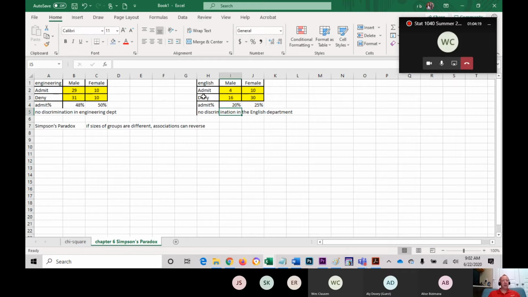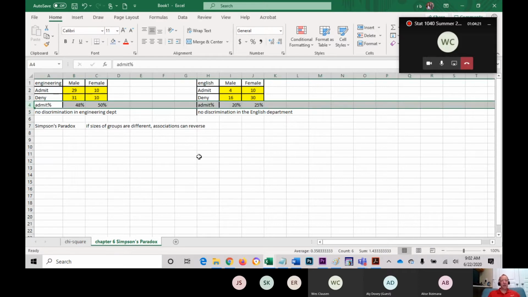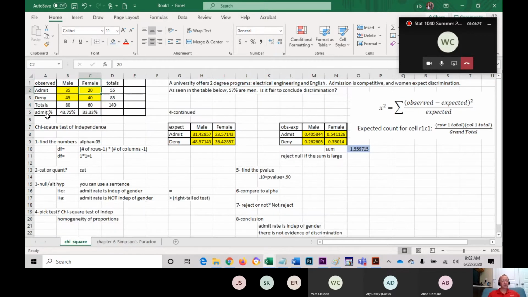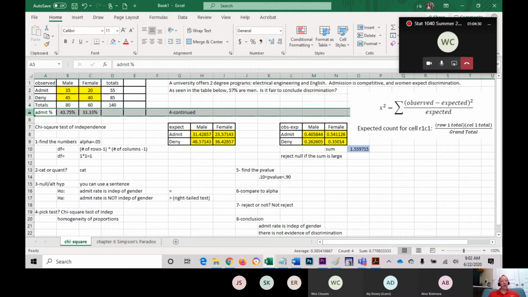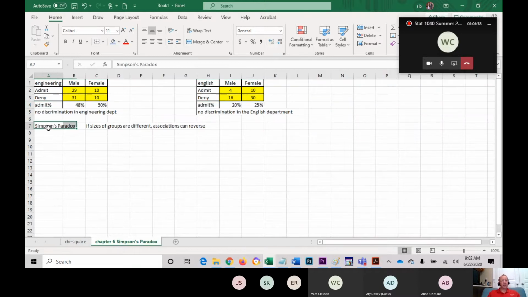Now it looks like in both cases, the men are being discriminated against, whereas when you combine them, it looks like the men are getting the better deal. So this is another case of Simpson's Paradox.